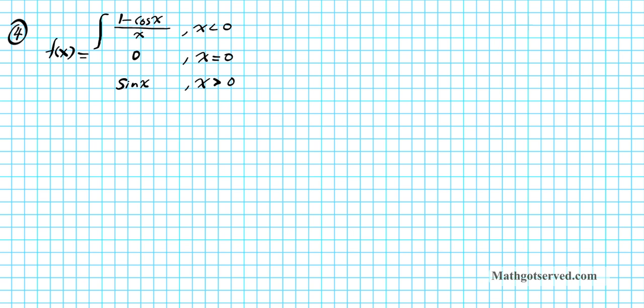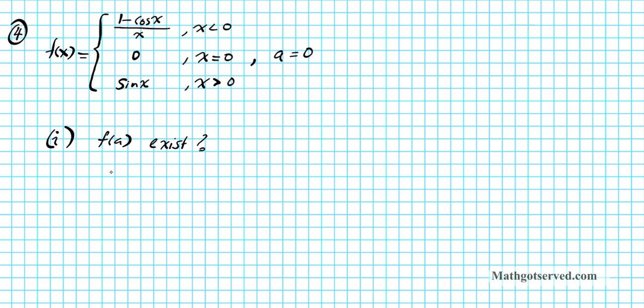So let's say we have this piecewise defined function, and we are to determine if it's continuous at a equals 0. All right, let's go ahead and do the 3 tests. Test number 1. Does f of a exist? That's the question.